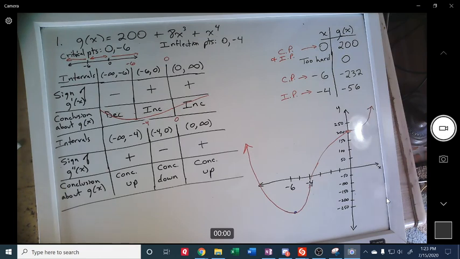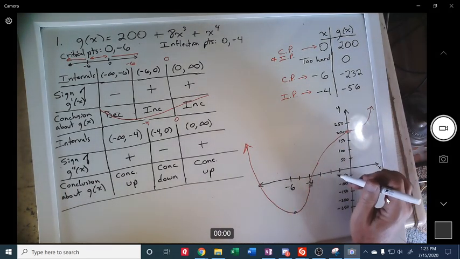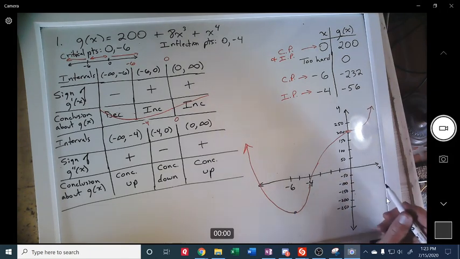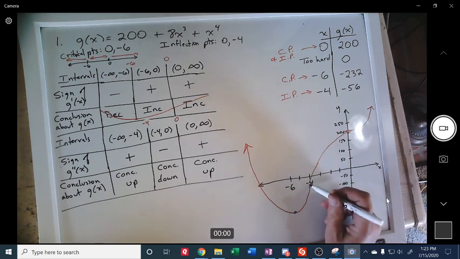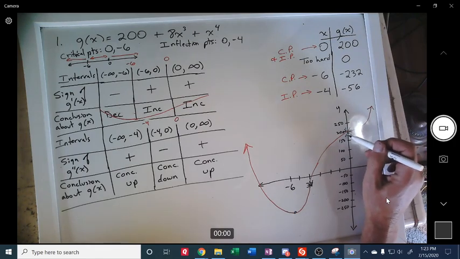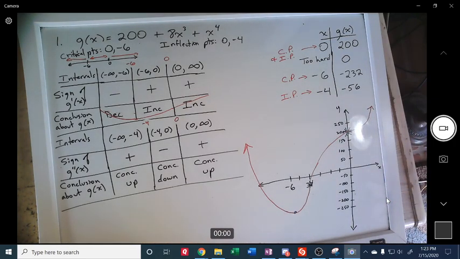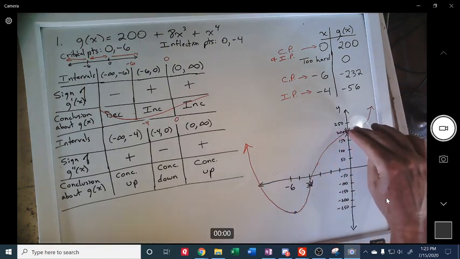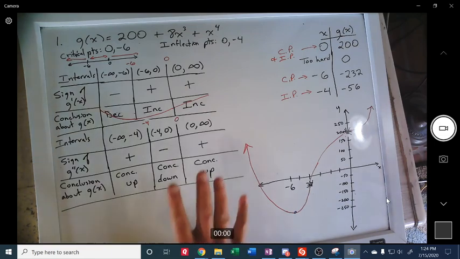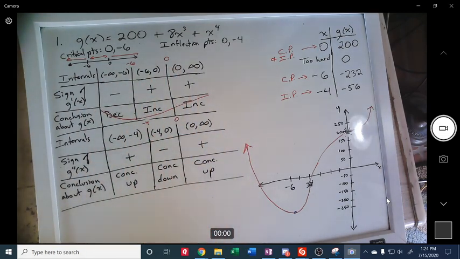Where it's changing concavity, the inflection points are at -4, it changes concavity right here, and then it changes concavity right there. So it's concave up, concave down, concave up again. And we get all the subtleties correct by referring to this chart as we connect our points.